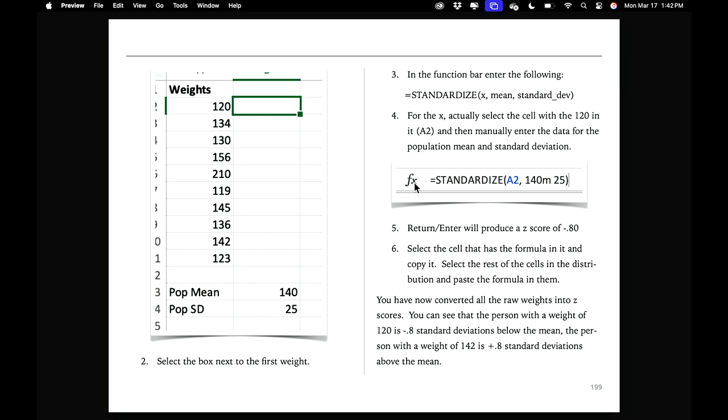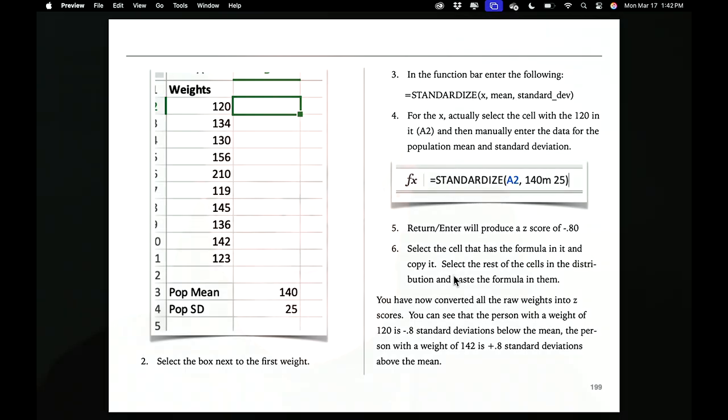There's a function called standardize, okay, where I put A2 right here, that whole column, and then 140 is the population mean, 25 is the standard deviation, and it'll average all that together, and it determines that the mean of these is 0.8 standard deviations below the mean. Okay, so that's showing that this particular group is significantly below the mean.